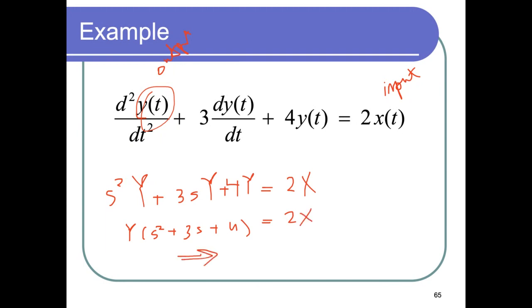Which implies that y over x is just 2 over s squared plus 3s plus 4. Usually we have systems in which the denominator is of a higher order than the numerator. And there are many reasons for that. But you can think of it as realistic models will have this kind of phenomenon. All right?